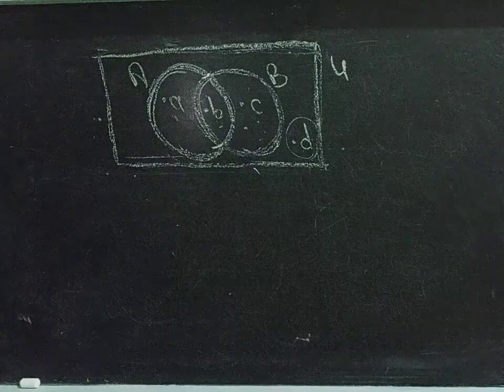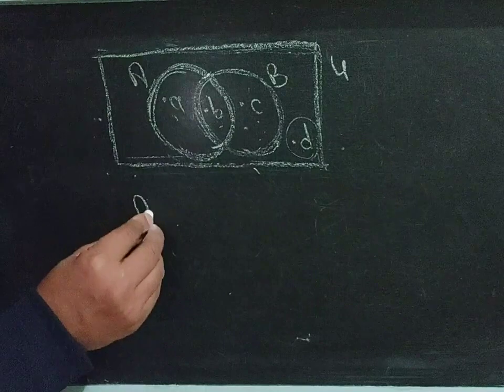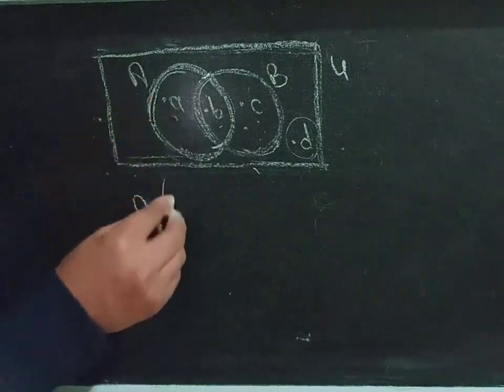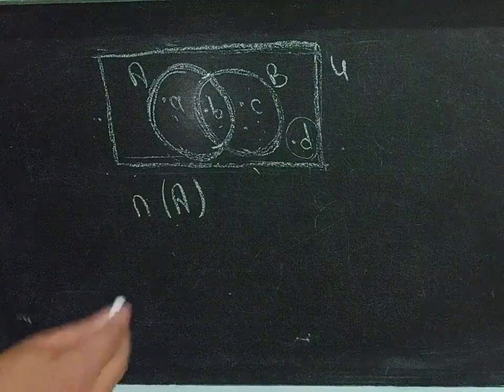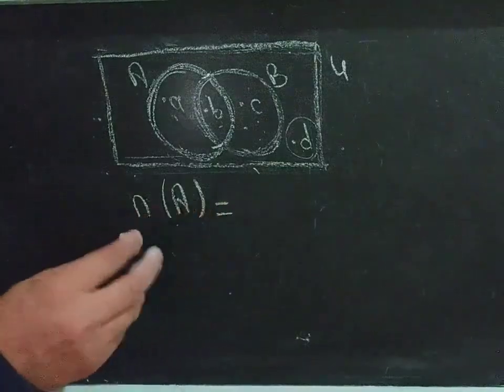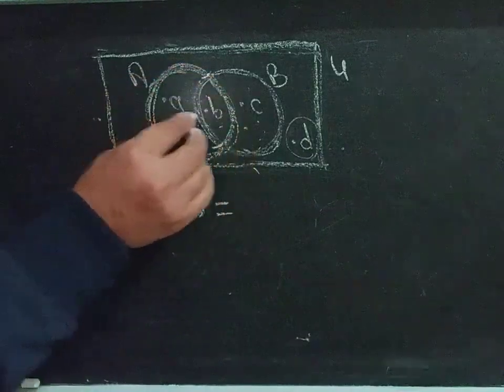All right, number of elements. Number of elements is represented by n. Let's say number of elements of A. So how many elements under A? Draw this and see A and B, 2.